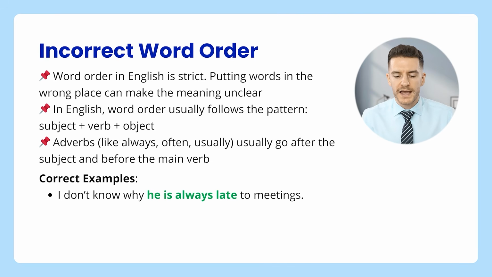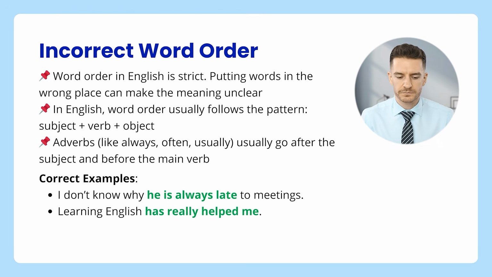I don't know why he is always late to meetings. I've heard some people say things like, why is he? But no, that would not be correct, because if you say, why is he? Well, that's a question. But if you look at the first three words, I don't know, that's a statement. So we're not asking a question here, we're making a statement. Learning English has really helped me.